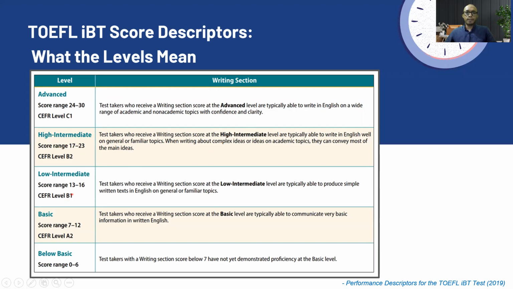And then in the low intermediate level, same general or familiar topics, but once it's getting more complex and academic, it is proven to be a challenge for this level. And then the basic one is only in very basic information type of topic. Okay.